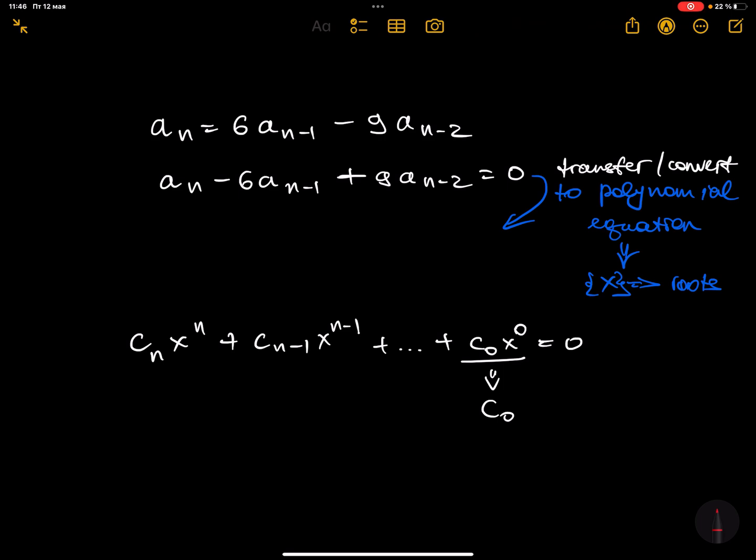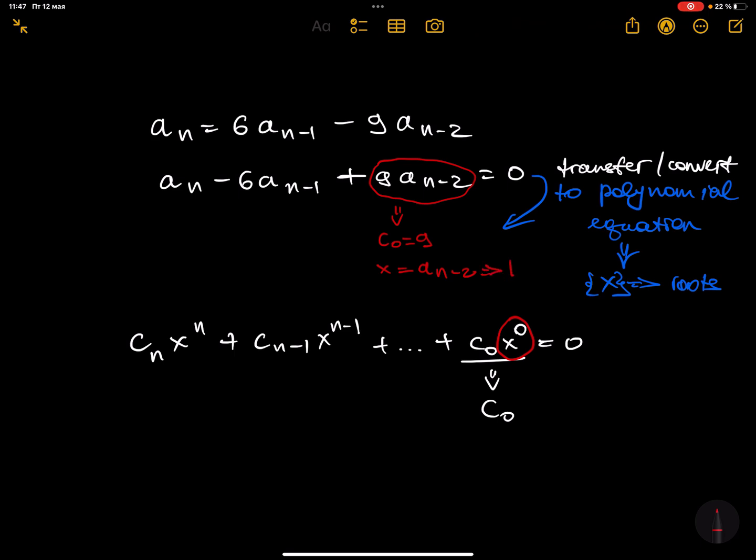So in this case, this one is gonna be C0, I mean, in this case our C0 is 9, right? And our x is an minus 2, but x here is in the power of 0, so we have just 1, okay?